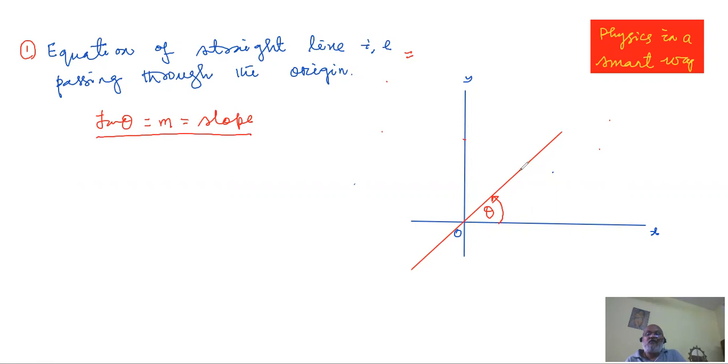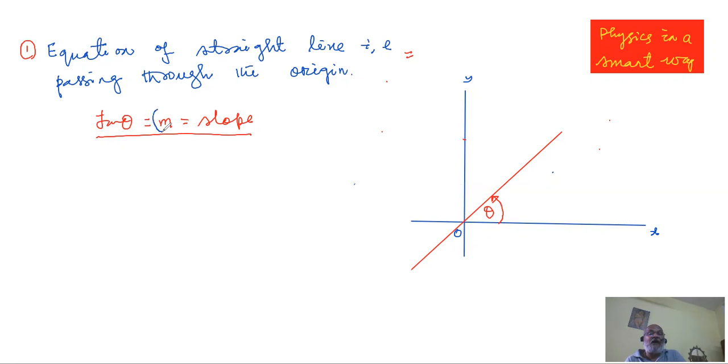Whenever you draw a straight line, doesn't matter whether it remains in the first or third quadrant, or second and fourth quadrant, doesn't matter how much angle you have to cover, whether acute or obtuse, your start must always be from the positive x-axis, mind it, not the negative x-axis or any y-axis, and turn towards the line. The angle that you cover by the time you reach the line is known as the slope angle, and tan of that angle is known as the slope of the line. That is written by a single letter, m.